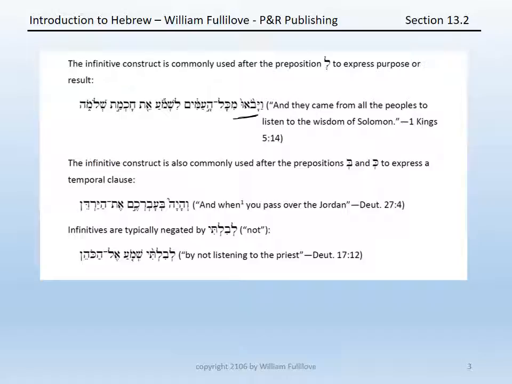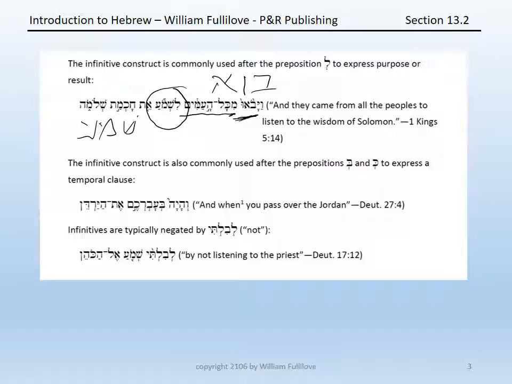Vayavo'u is a Qal narrative form from the root bo, which we will cover in a later chapter. And they came, min, from all the peoples, all the nations. And then lamed plus the Qal infinitive construct, shemoa, from the root shin, mem, ayin, to listen.